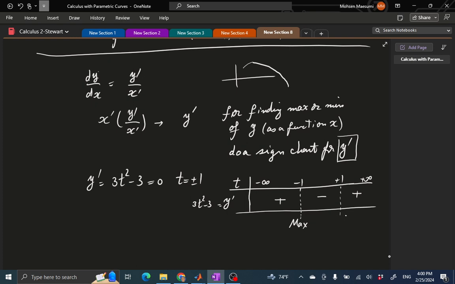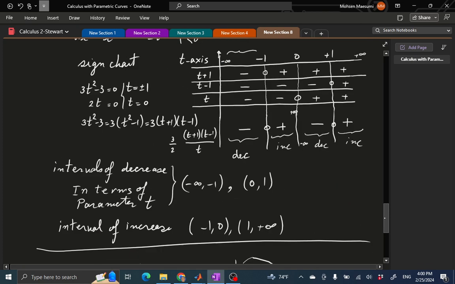So the maximum is going to happen at t equal to minus 1, and that is what we had already. X was 1 and y was, what was y? I forgot, y was t cubed minus 3t. So at minus 1, this becomes plus 2.